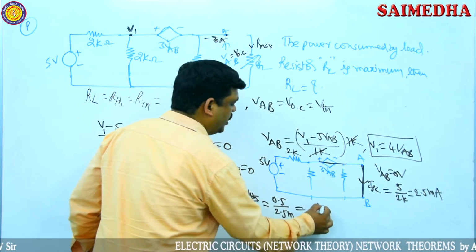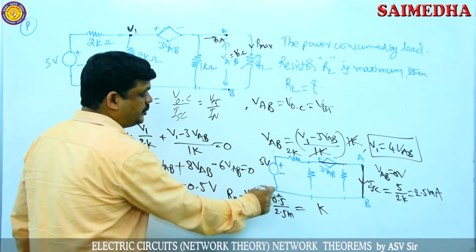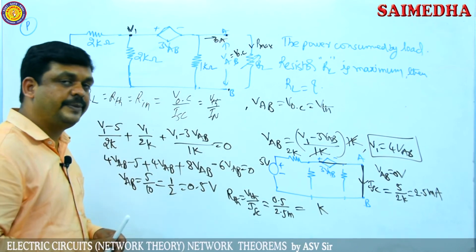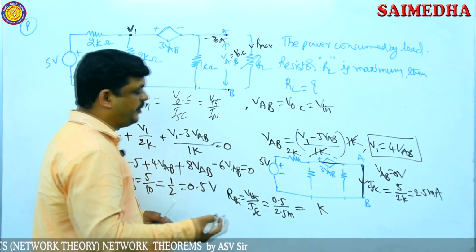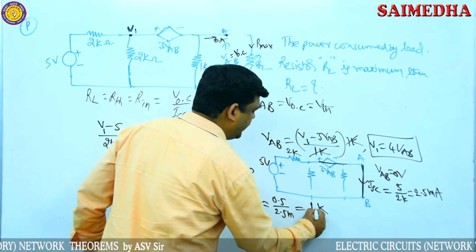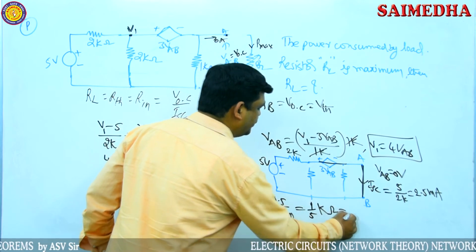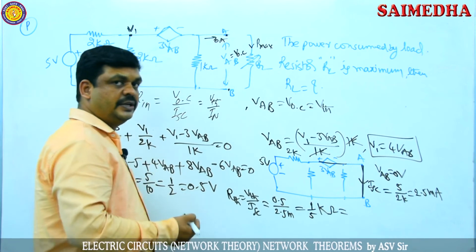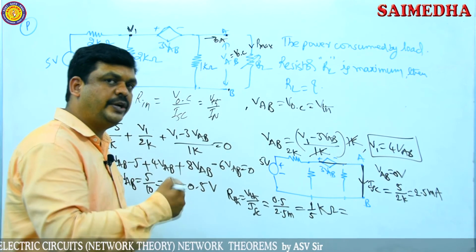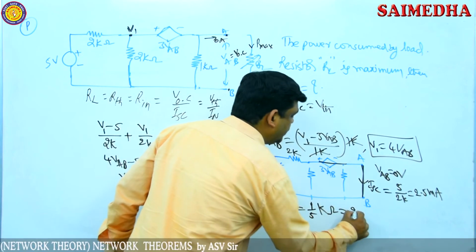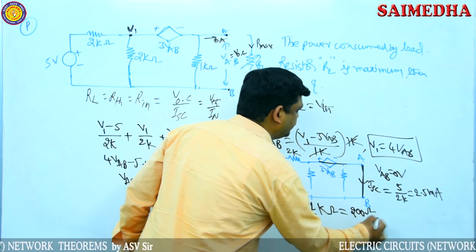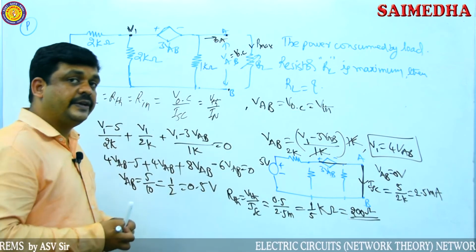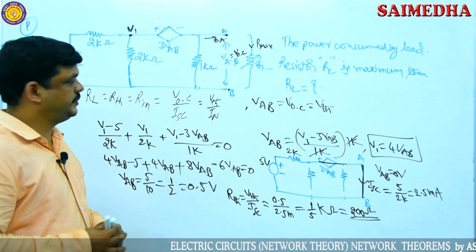So milli becomes kilo here. 0.5 by 2.5 becomes 5 by 25. So 5 by 25 is 1 by 5, 1 by 5 kilo ohms. The value of 1 by 5 is 0.2, so 0.2 kilo is 200 ohms. Now finally we got Thevenin's resistance as 200 ohms.